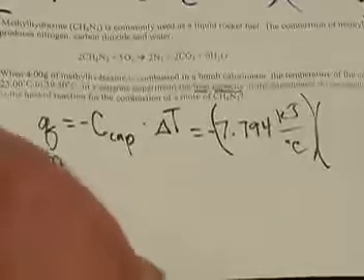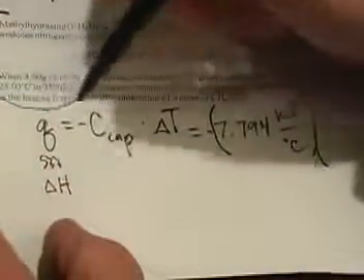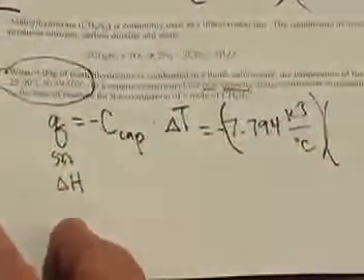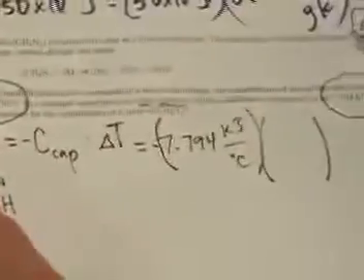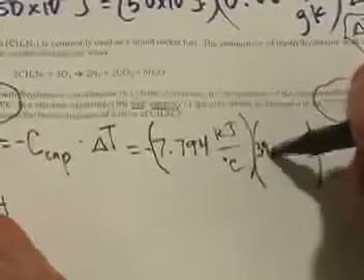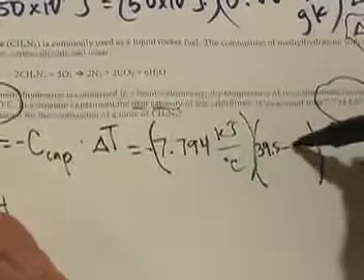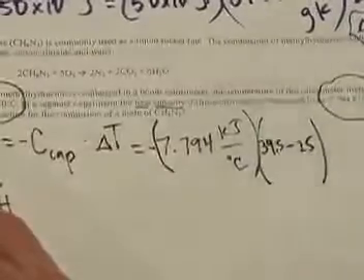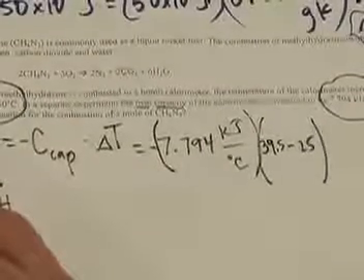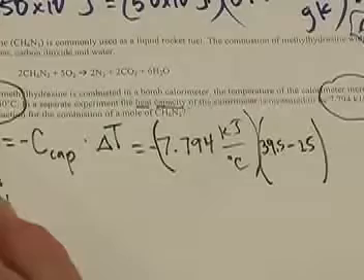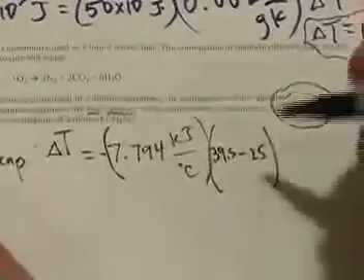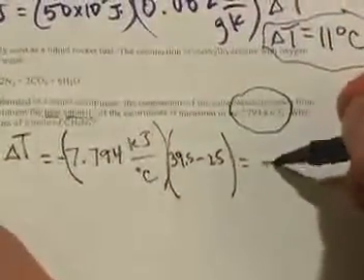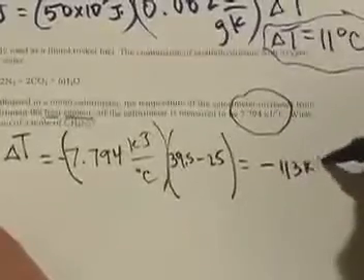It tells me that my change in temperature was from 25 to 39.5. So I'll put in the final temperature, 39.5, and subtract from that the initial temperature, 25. When I do this temperature change and multiply it by the heat capacity, I end up with a Q right here of negative 113 kilojoules.